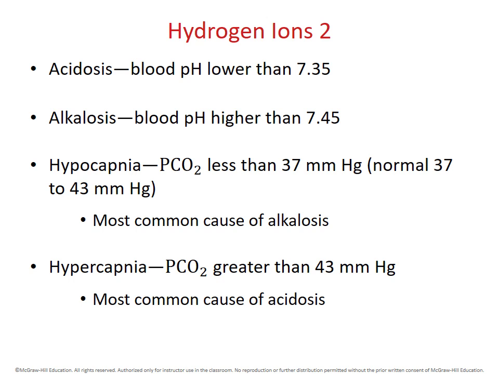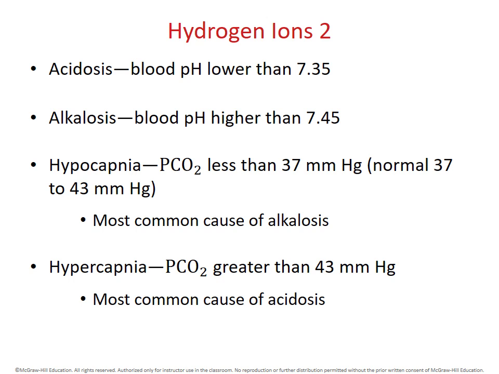A couple of, I hope, self-explanatory terms. Acidosis is whenever we have a blood pH lower than 7.35. Alkalosis, of course, would be the opposite, any pH that's higher than 7.45. And associated with acidosis and alkalosis are hypercapnia and hypocapnia.